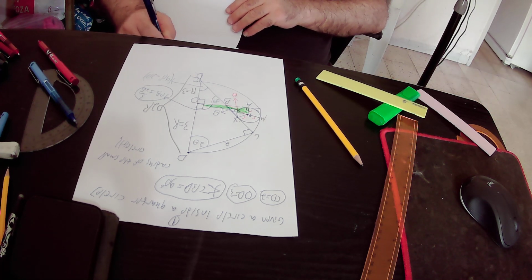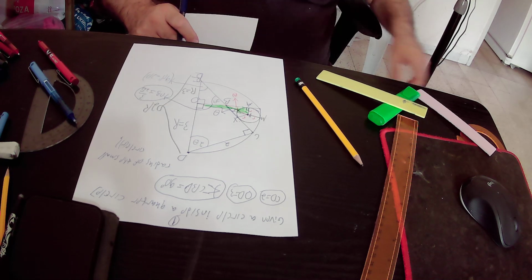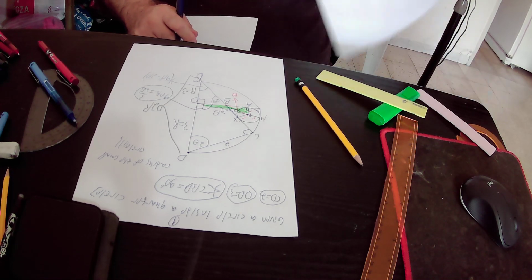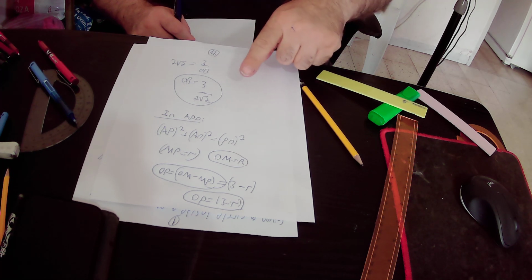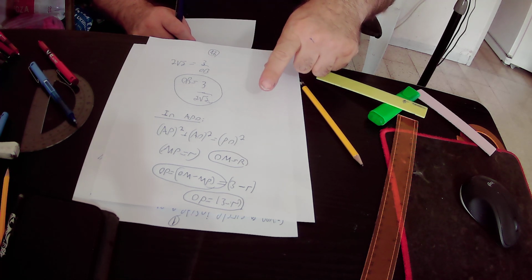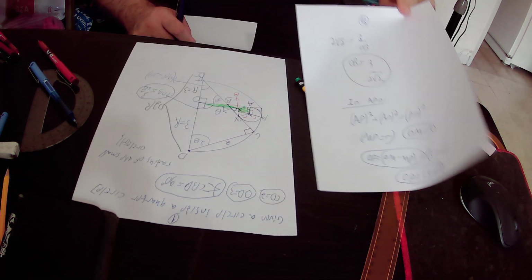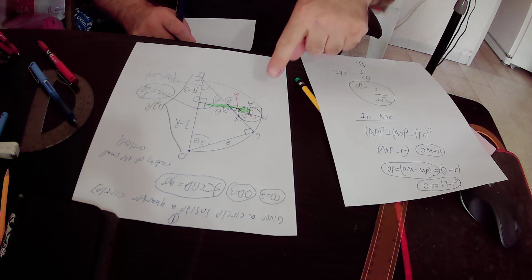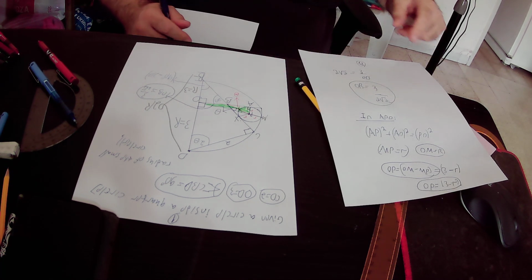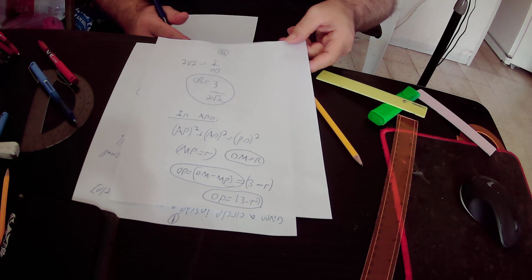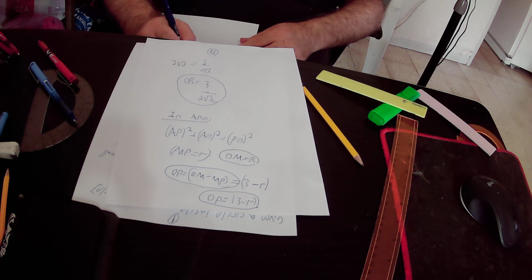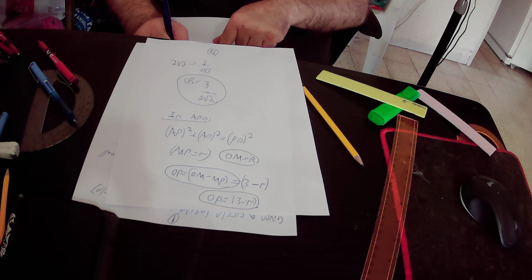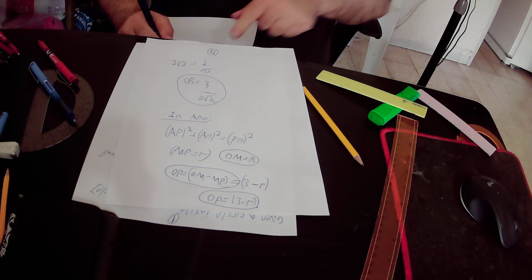So we have the equality that AP square plus AO square equals PO square. AP equals the radius of the small circle, so AP square is r square, plus AO square equals PO square.